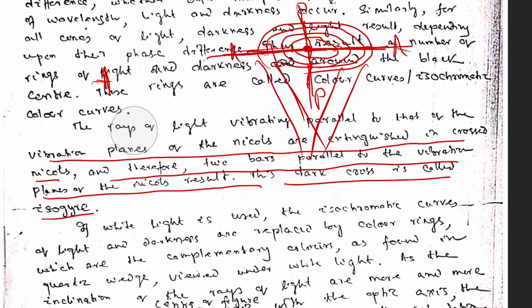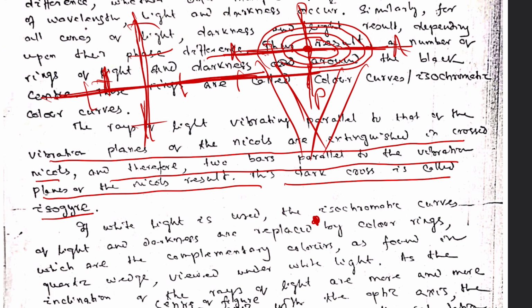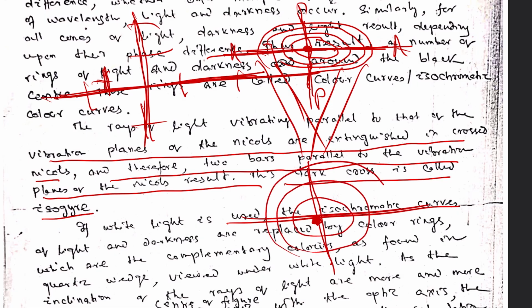So this is the polar direction, and this is the mineral vibration direction. So we get a dark cross parallel to the polar vibration directions. Thus, we got a central black point indicating the position of the optic axis. We got two dark lines in this manner, and we have the colored rings, light and dark rings.